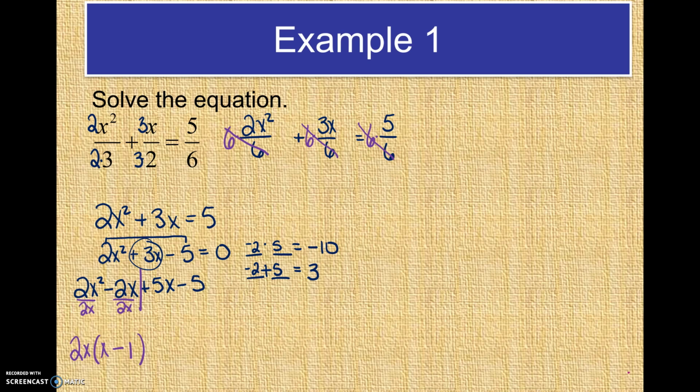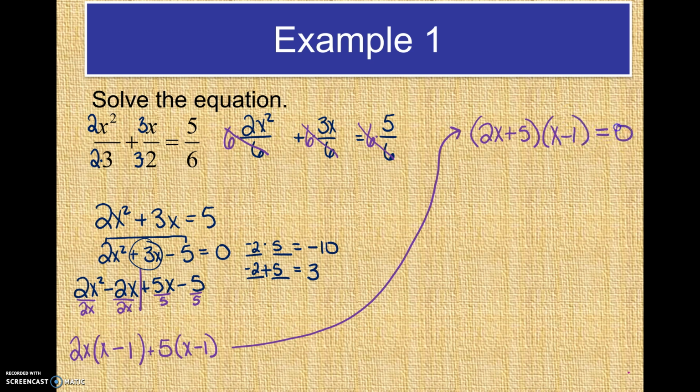What do 5x and 5 have in common? 5. So we're going to divide both of those by 5, leaving us with x minus 1. This means our factored form is 2x plus 5 times x minus 1, and that equation is equal to 0.